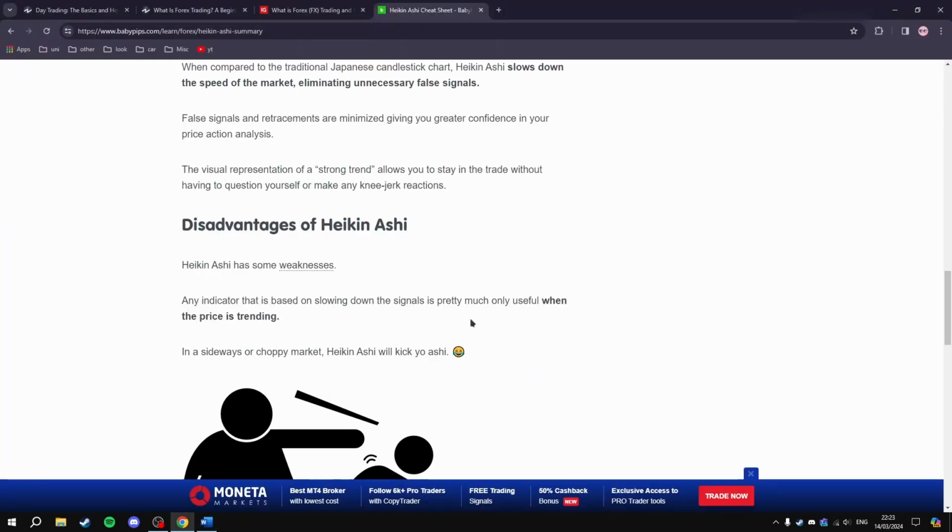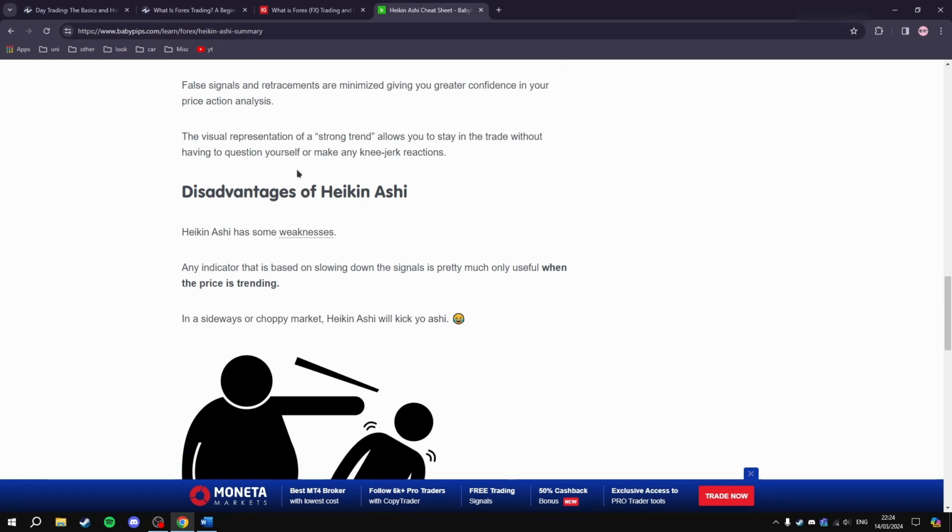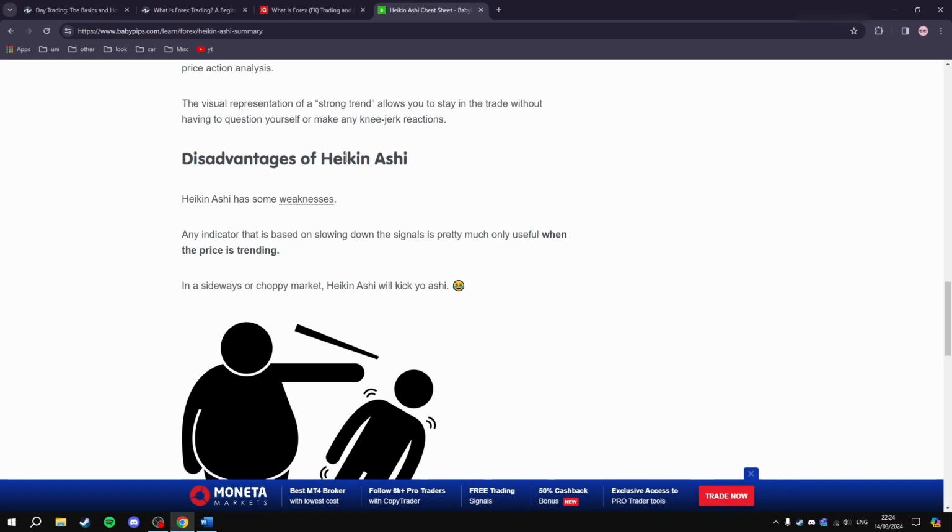False signals and retracements are minimized, giving you greater confidence in price action analysis. The visual representation of a strong trend allows you to stay in a trade without having to question yourself or make any knee-jerk reactions.